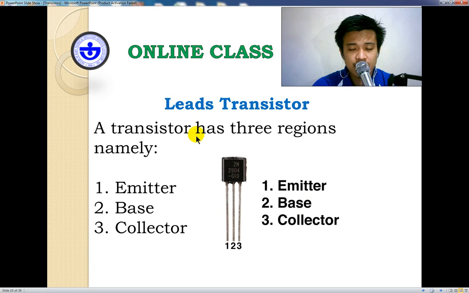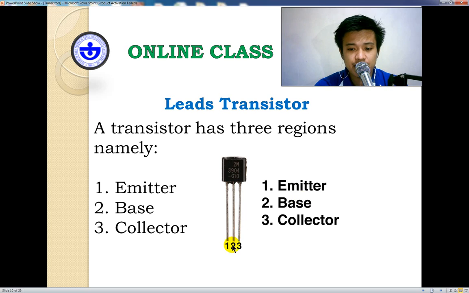Next, we have here the three legs of a transistor, or the three regions: the emitter, base, and collector. If this is our actual picture of a transistor, labeled 1, 2, 3, then this is terminal 1, terminal 2, and terminal 3.